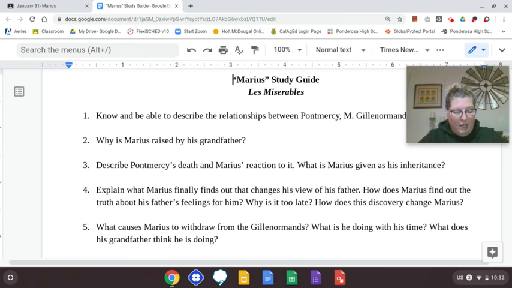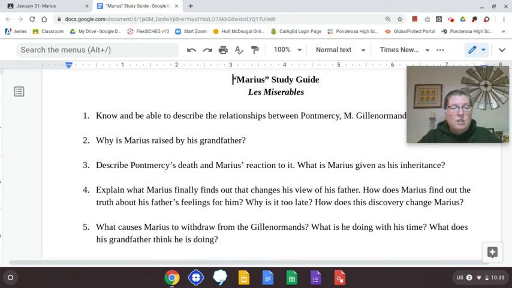On page 220 on the bottom, it says, among those who lived in the building, the wretchedest of all were a family of 4 persons, father, mother, and 2 daughters nearly grown. These are the Thénardiers. They have moved to Paris. So they used to live in their little town, Montfermeil, where they had their inn. 8 or 9 years have passed, and they now are in Paris.